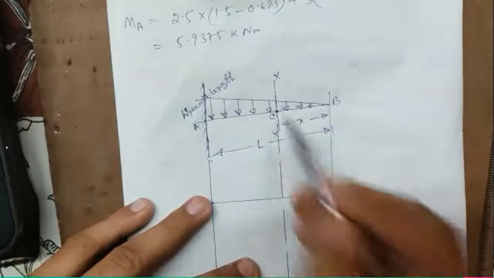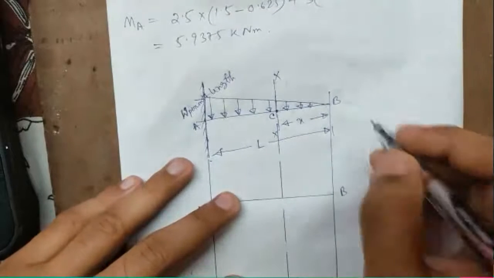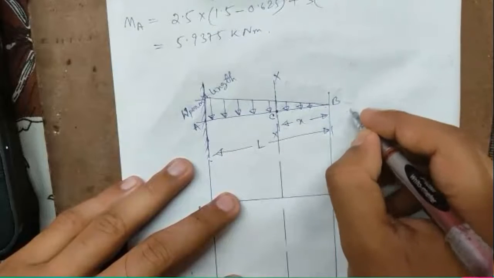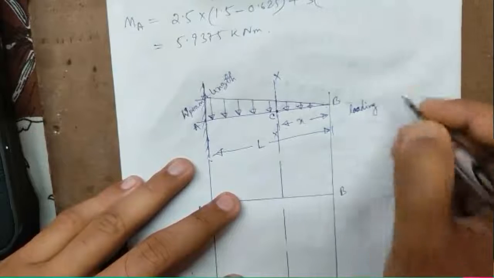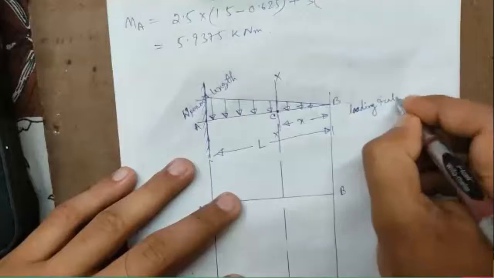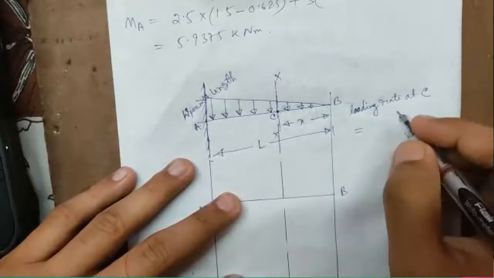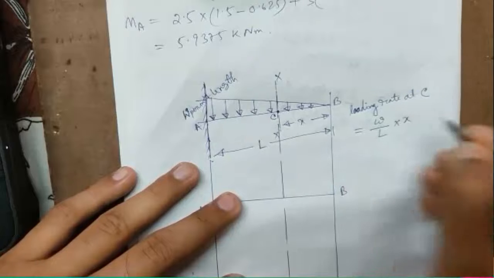So what will be the loading rate at point C? From this law of triangle, or from simple arithmetic, we can say the loading rate at C is equal to small w by L into x.